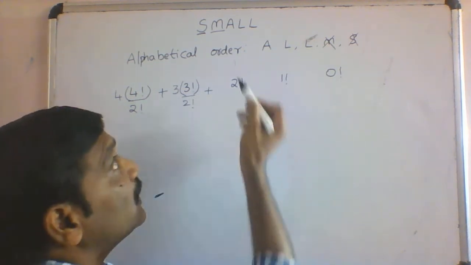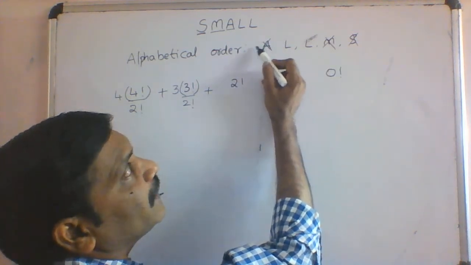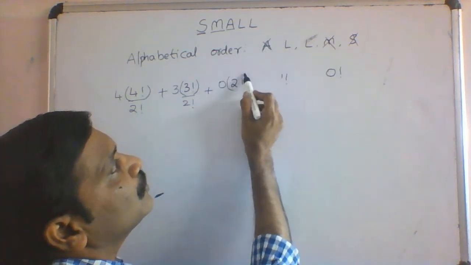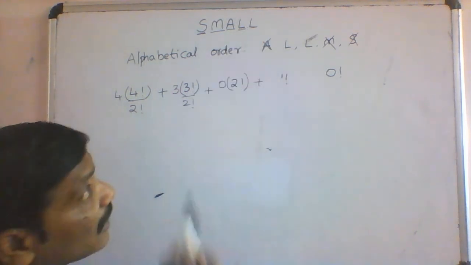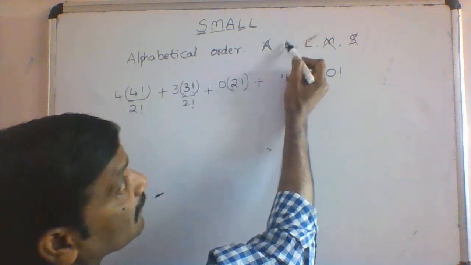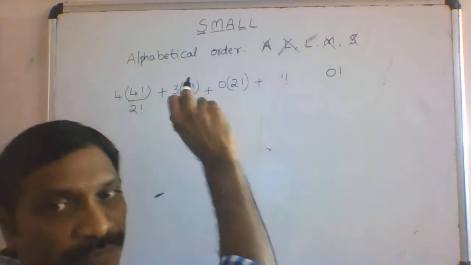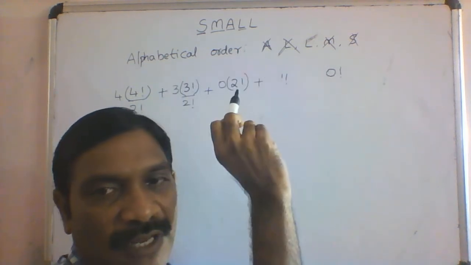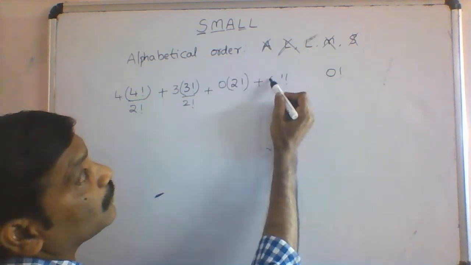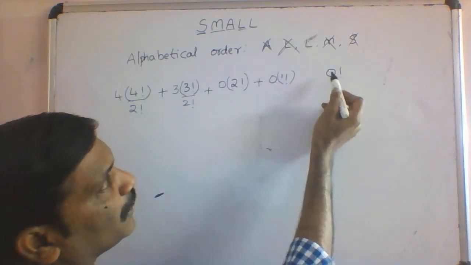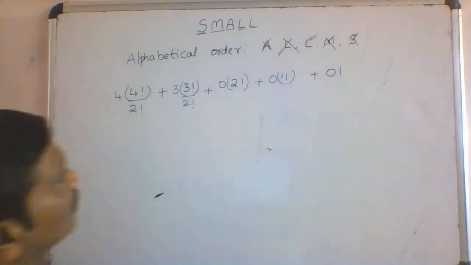Plus, required third letter is A. Before A, no letter is left over, so keep 0. Plus, next required letter L. First letter you have to cancel. Struck off first L, because we will go according to alphabetical order. Whichever comes first, that will struck off. So L, no letter is left over, so 0. And there is no need to count for this last one because 0 factorial is always 1.